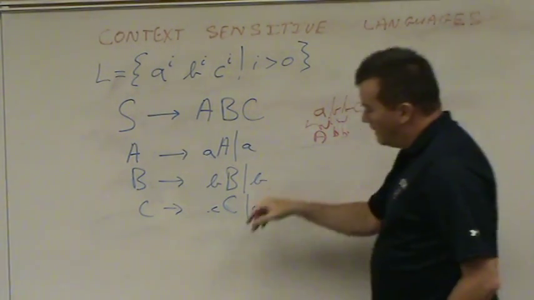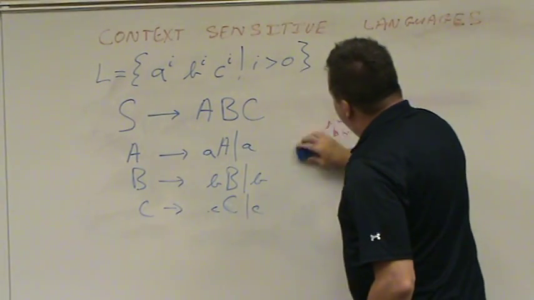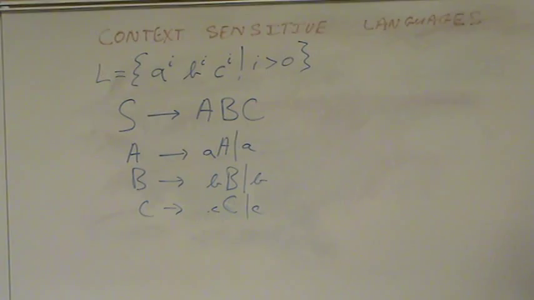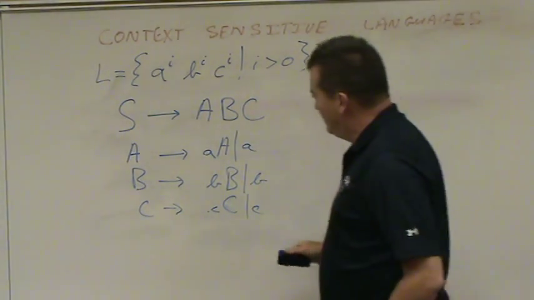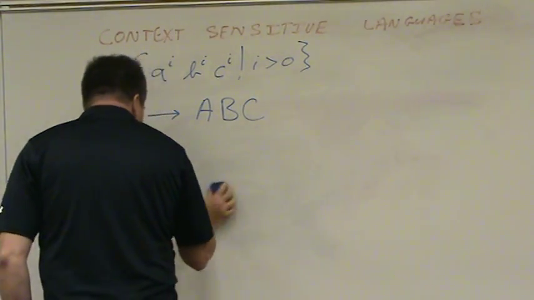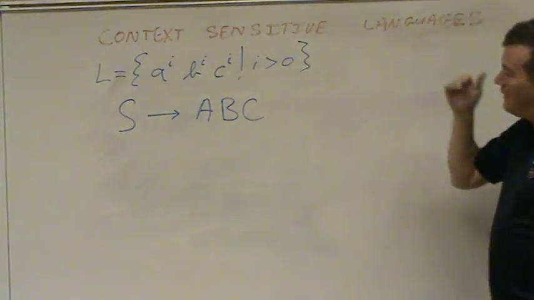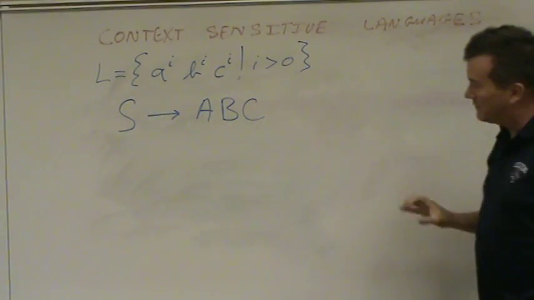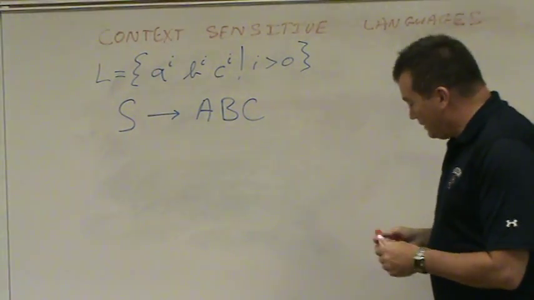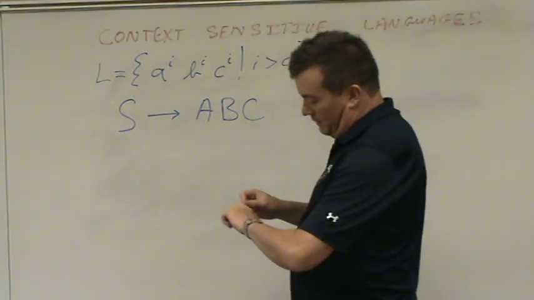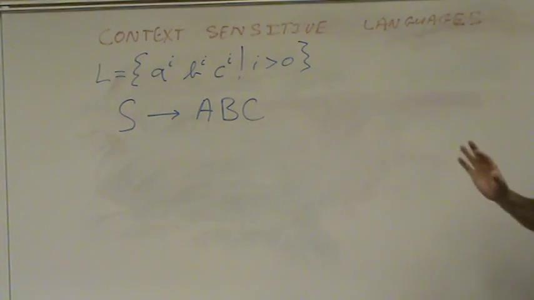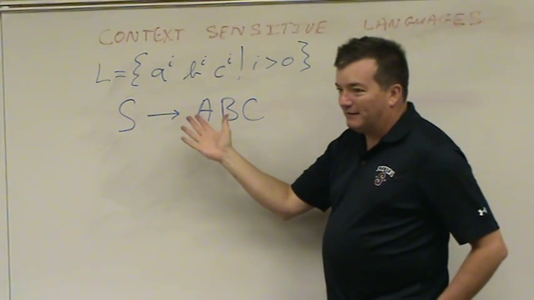How would we write a grammar that forces the counts to stay the same? And if you come up with this, you kind of know why it's context sensitive, or maybe the hint would be it's context sensitive. What we don't want to do, because we're required for the counts to be the same, we never want to define A by itself.